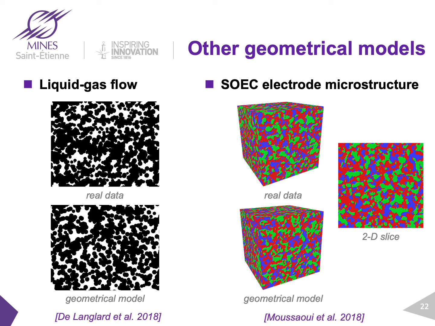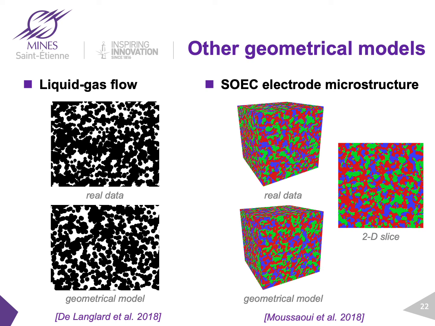Also, for fuel cell electrode microstructure, we have worked with other specific geometrical models coming from stochastic geometry, where here you have a 3D image coming from tomography, with two solid phases and one porous phase. And we are able to simulate something which is very similar by playing with a specific model.